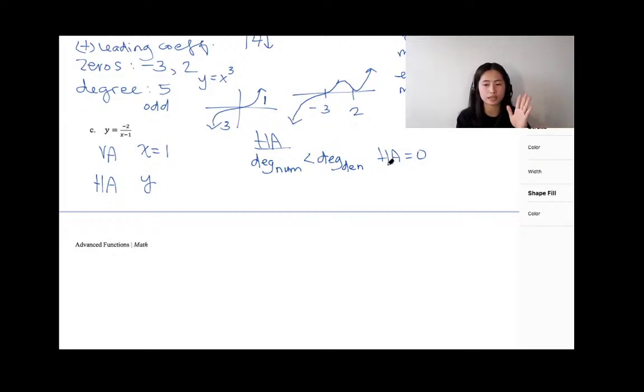But there's a difference between 0 versus none, by the way. If you say the horizontal asymptote is none, that's completely wrong. So you need to make sure that if the degree of your numerator is less than the degree of your denominator, it's 0 and not none. Now, moving on to when the degree of your numerator is greater than the degree of your denominator, and it's only by 1.